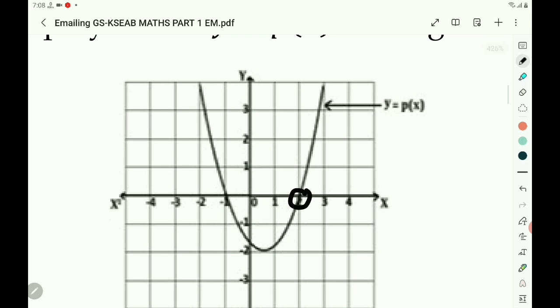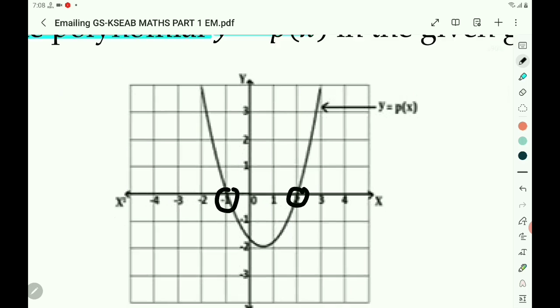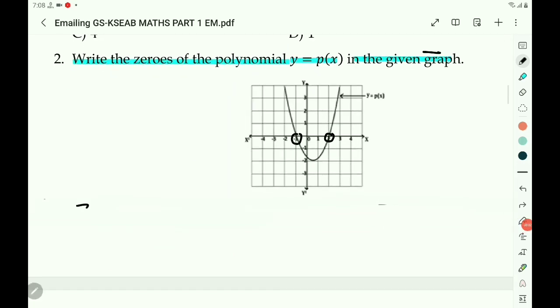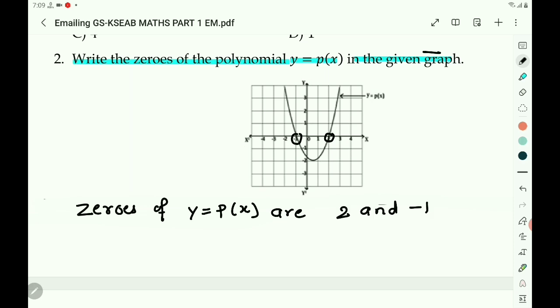This is 2, this is minus 1. 2 and minus 1 are the zeros. Zeros of y equals p of x are 2 and minus 1, because the graph intersects the x-axis at 2 and minus 1.